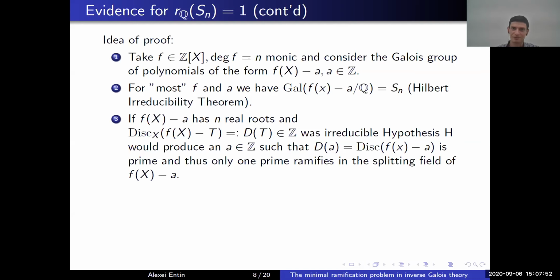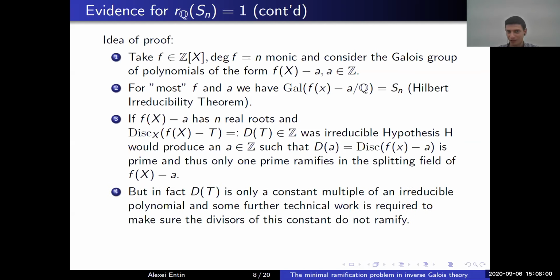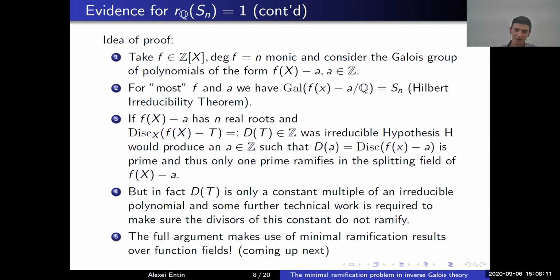So this would give us what we want, but we need to find an a such that D(a) is prime. And indeed, even this argument is incomplete because D(t) is actually a constant multiple of an irreducible polynomial, and the divisors of this constant multiple need to be handled as well.